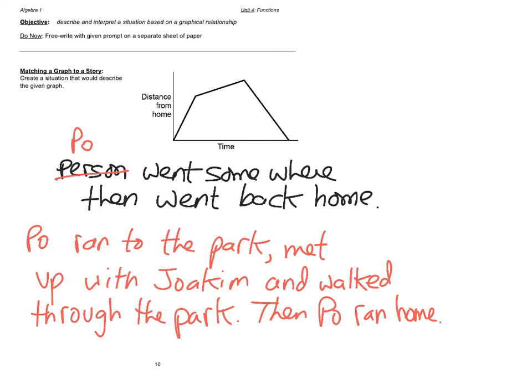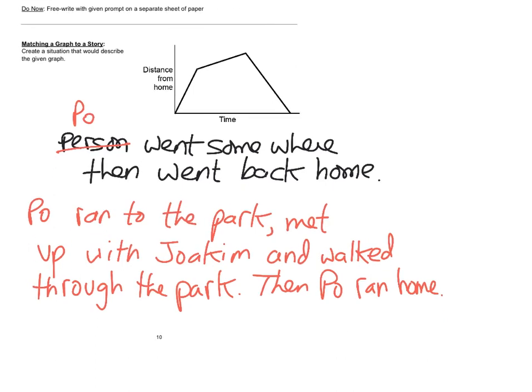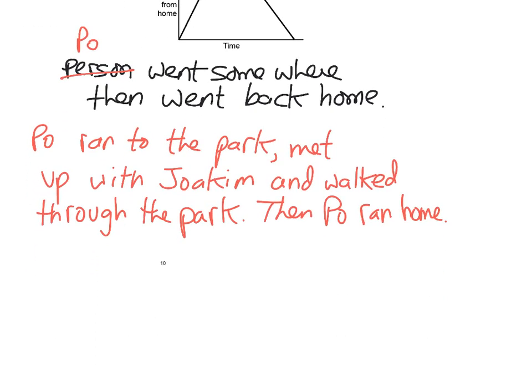Someone drove to, let's say like a mall and walked around a bit and then drove back home. Tyler drove to the mall. I made you a little older so you could drive.